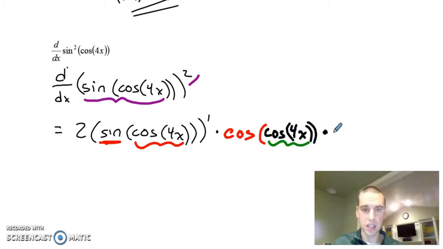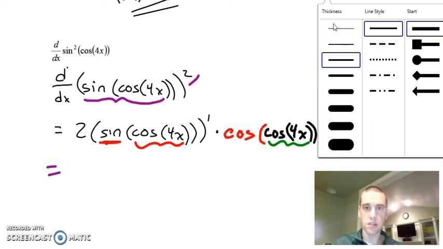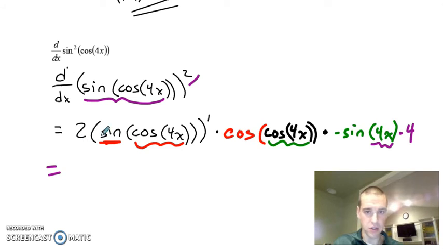So that's cosine. What's the derivative of cosine? Negative sine. Keep the inside the same. Finally, times the derivative of the inside, 4. And now we're going to rewrite this all out. We've got 2 times 4, 8, and we have a negative here, so we can put negative 8.